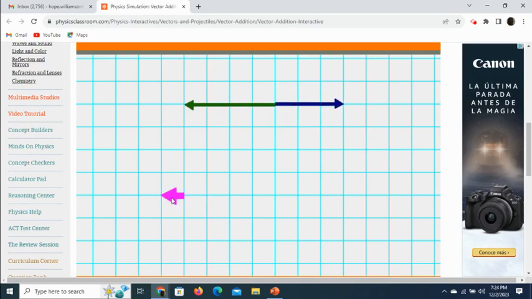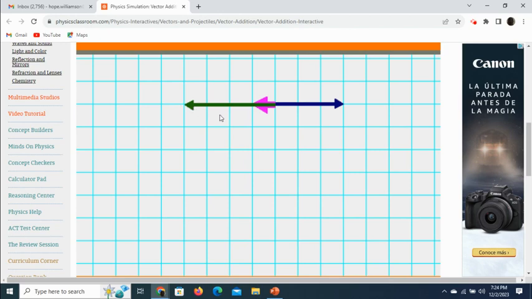Our resultant is now only 1 unit. And the direction of the resultant is the same as the direction of the larger force. So the 4 units is larger. The direction of the resultant will be the same as the direction of the 4 unit vector.